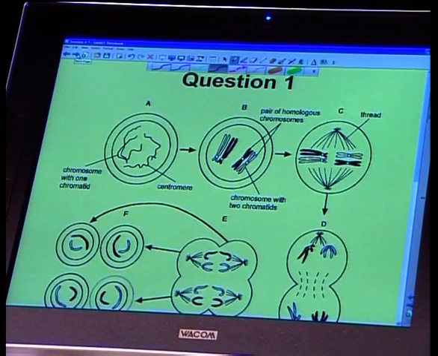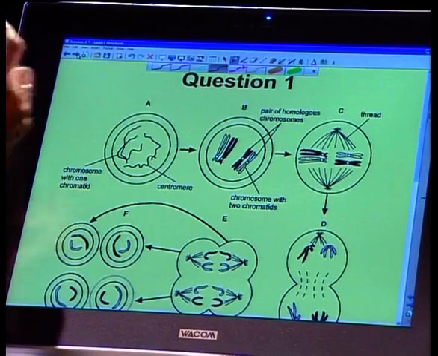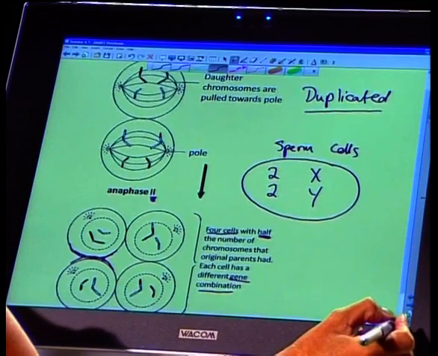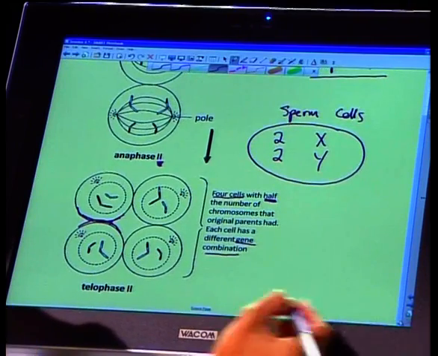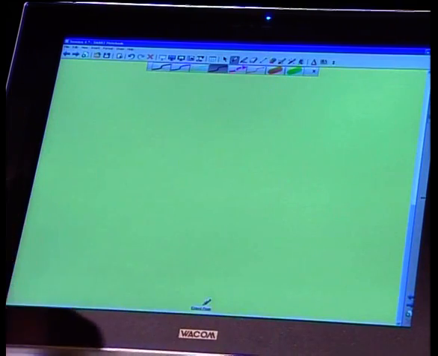Now, let's see whether you've got this. For question 1, in fact, before I do this, I'm just going to go back here and just extend this page a little bit. Just want to show you something here. Okay, look at this.